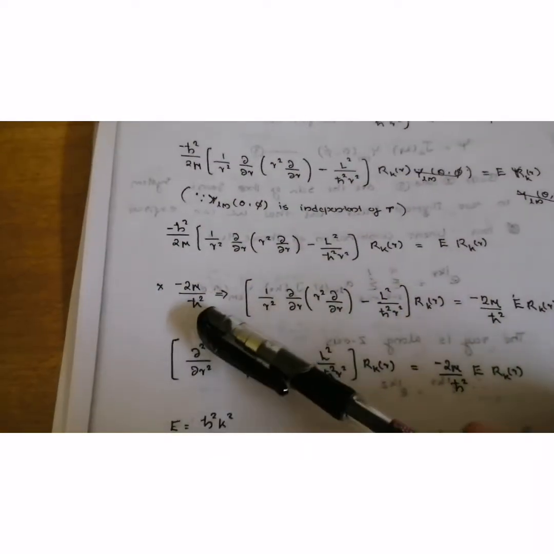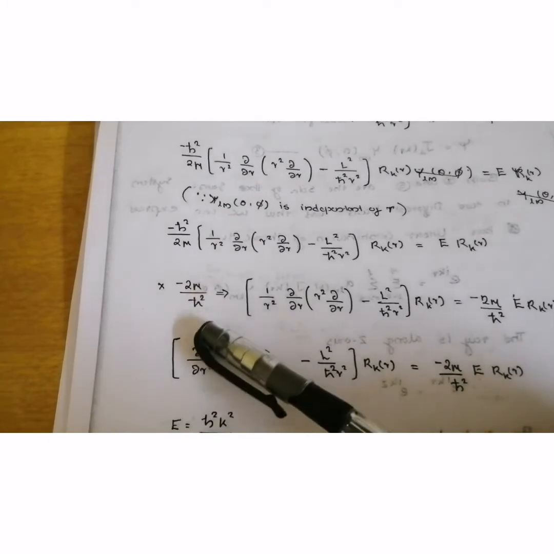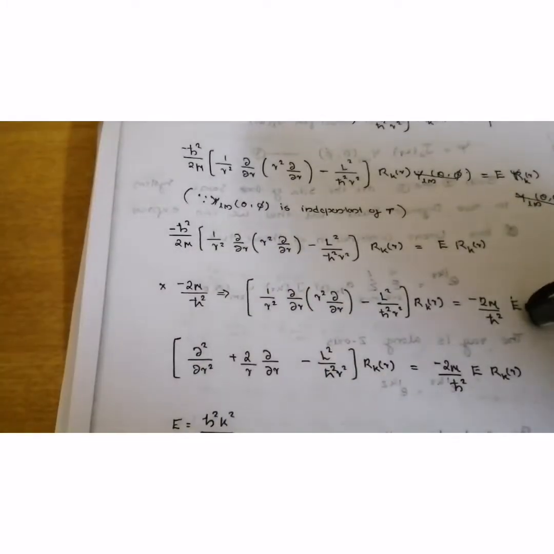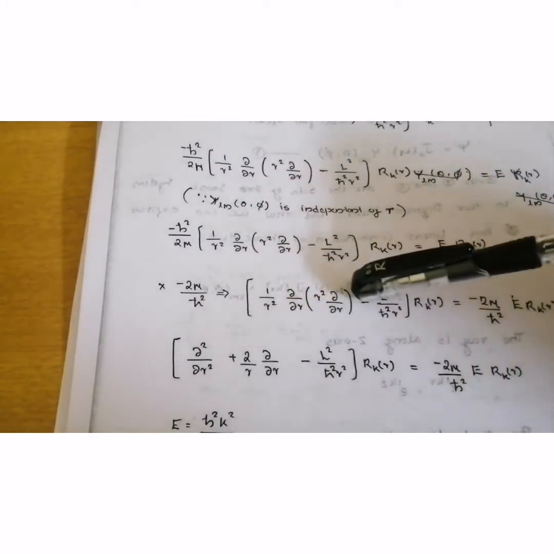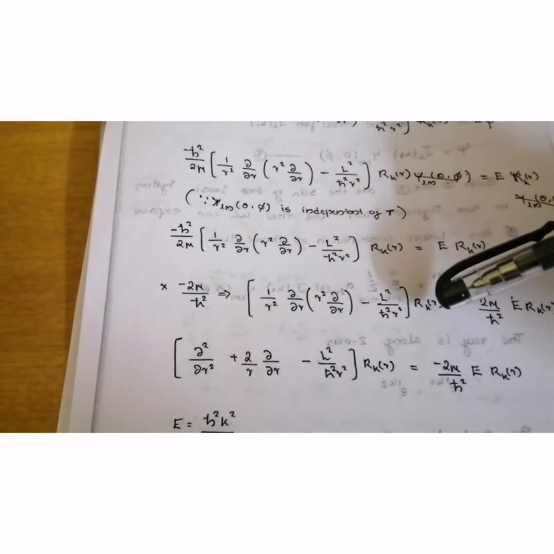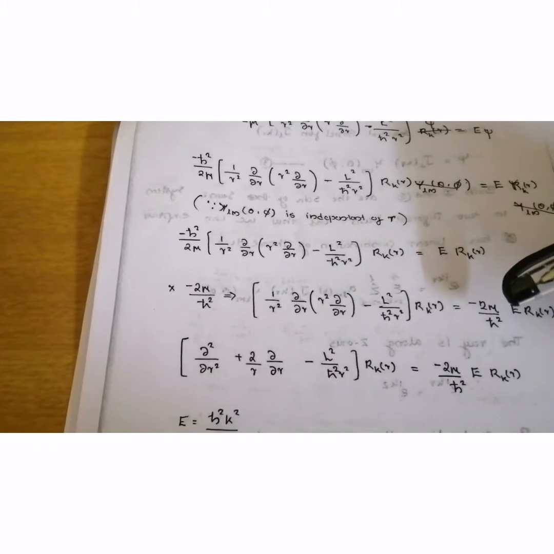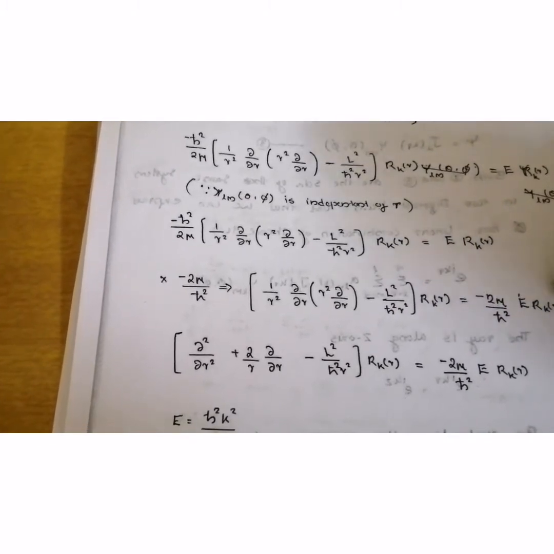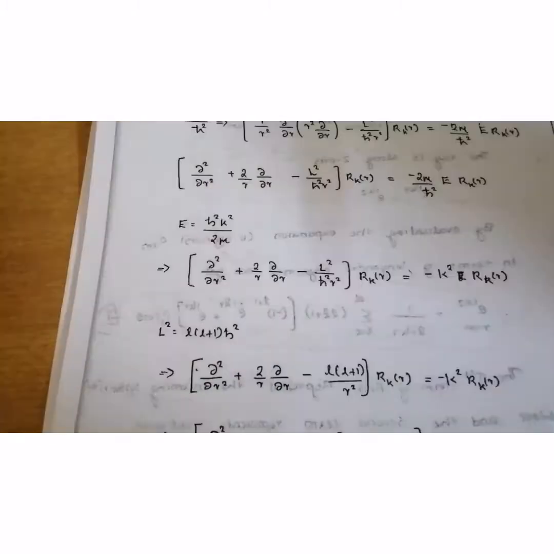We can multiply by minus 2 mu by h bar square. Then we get 1 by r square dou by dou r of r square dou by dou r minus L square by h bar square r square, acting on R_k of r, equal to minus 2 mu by h bar square E R_k of r.